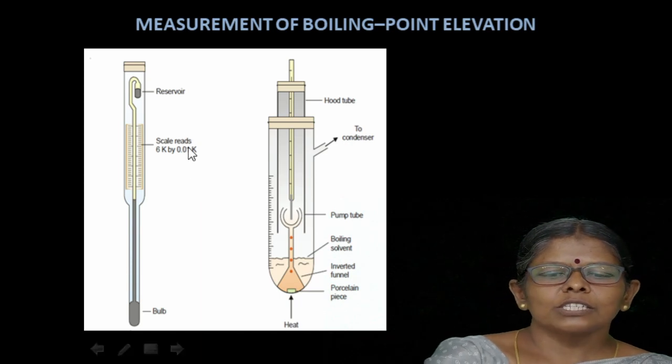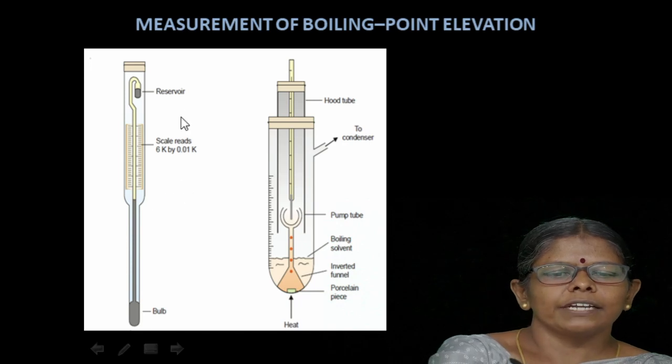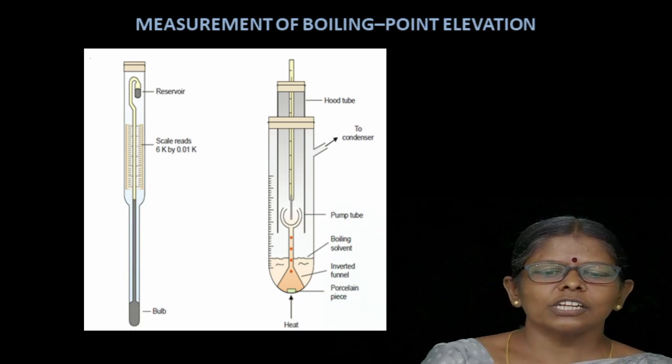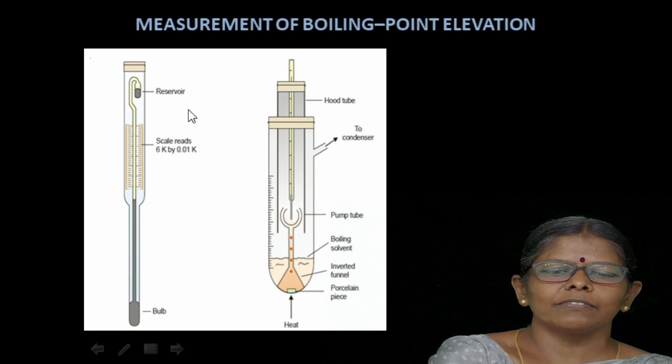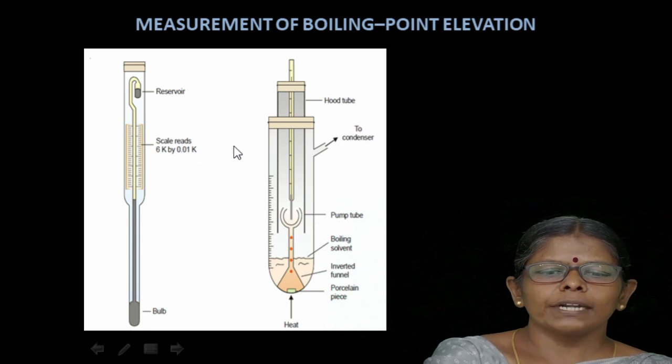It has readings from 0 to 6 Kelvin, marked in Kelvin scale, where the initial value is 0 Kelvin and the final value is 6 Kelvin. The sensitivity of this thermometer is 0.01 Kelvin.